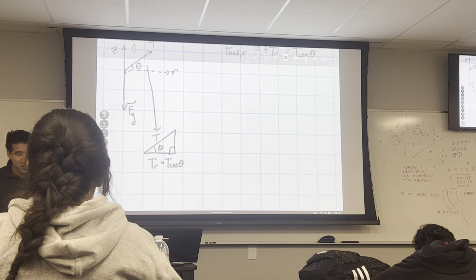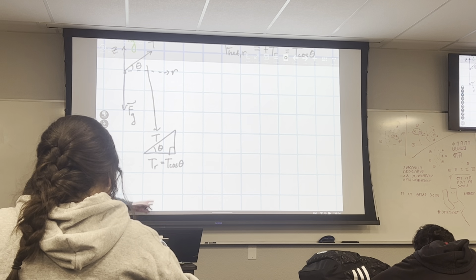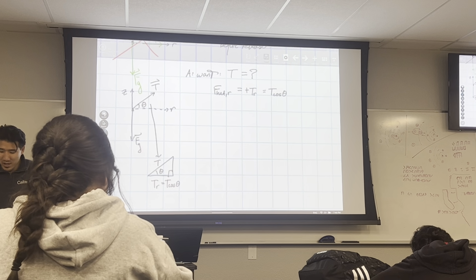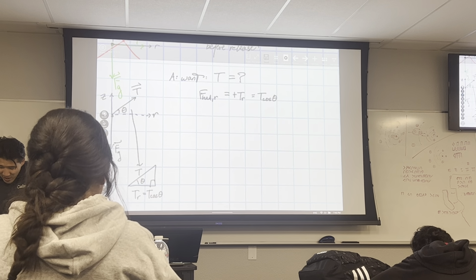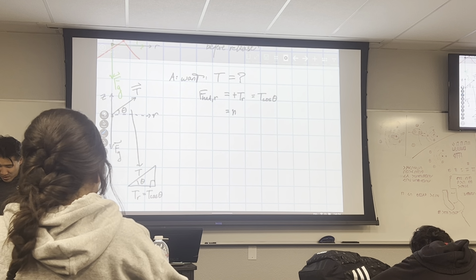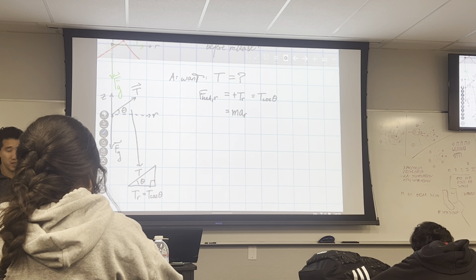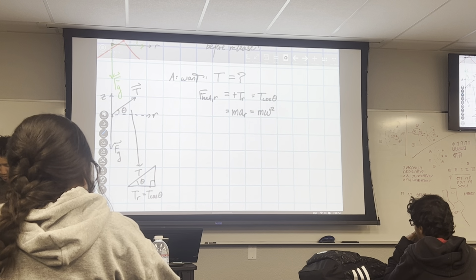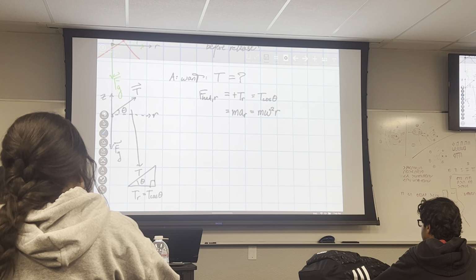Why did I write sine? Right, this is adjacent. And Newton's second law will tell us that this also has to equal mass times the acceleration in the radial direction, which we know to be m omega squared r.